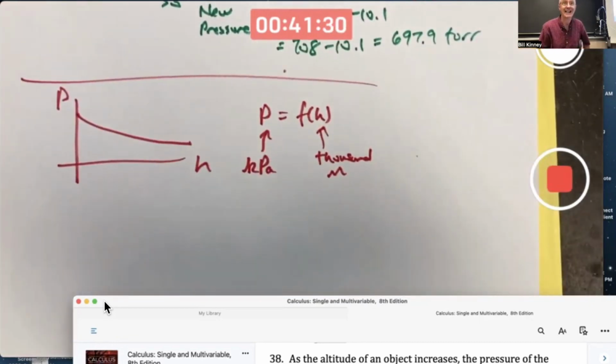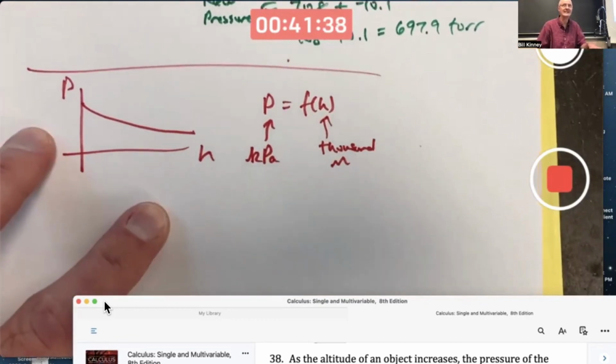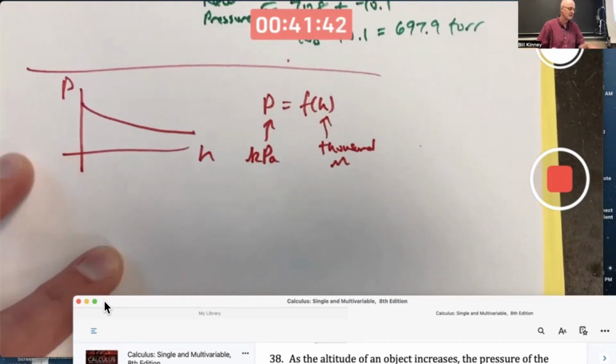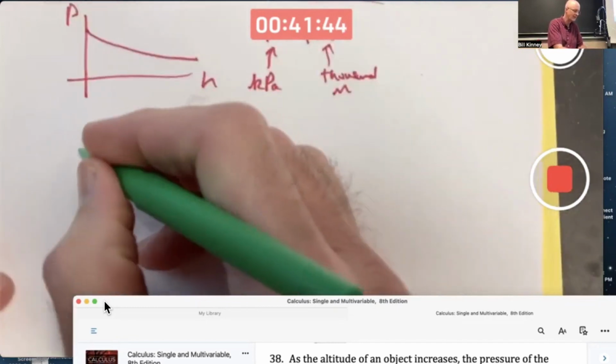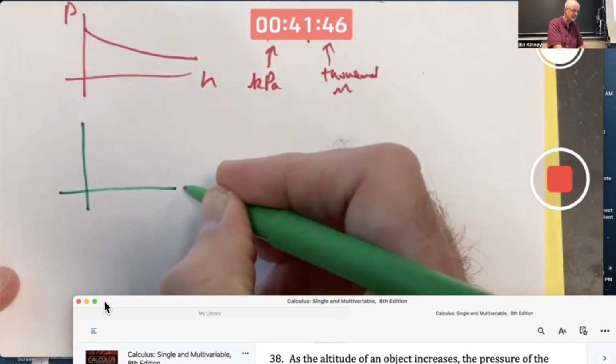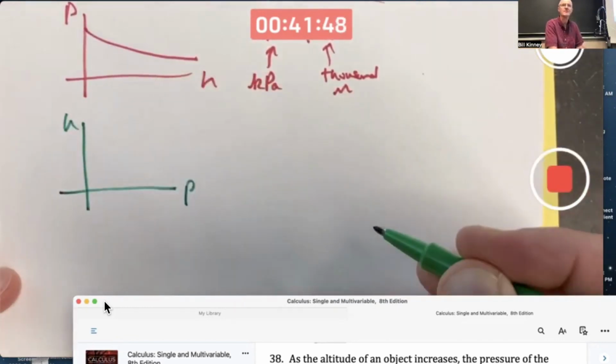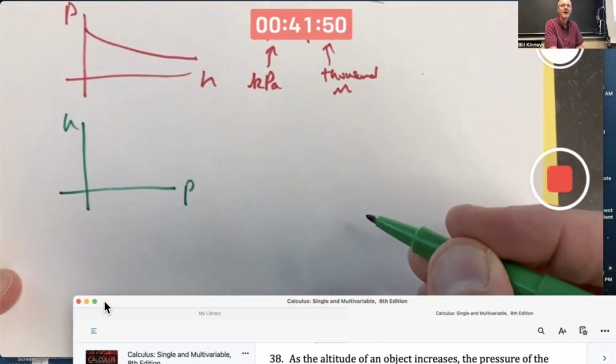No, you should not. Because the variables mean something. And if you draw it in the same picture with the same labeling for the axes, that's wrong. You really need a completely new graph with different labeling for the axes, P horizontal and H vertical. Will the graph look like some sort of reflection?